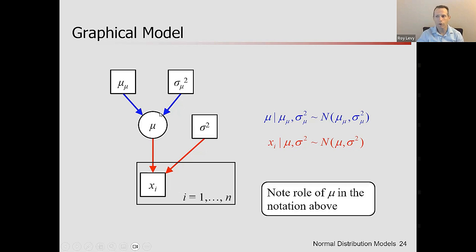But because it's unknown, it gets a prior distribution, which itself is a normal distribution with some mean mu of that distribution for mu and some variance sigma squared of that distribution for mu. I like to put in the subscripts little reminders that say, this is the mean of mu. This is the variance of mu. So I remind myself it's not the mean and variance of data.